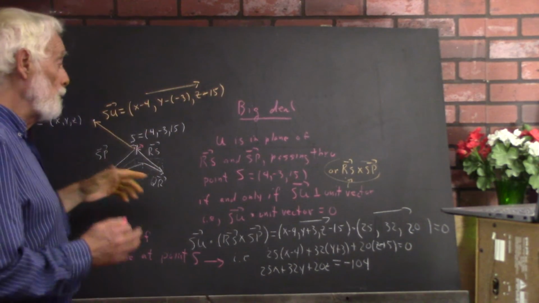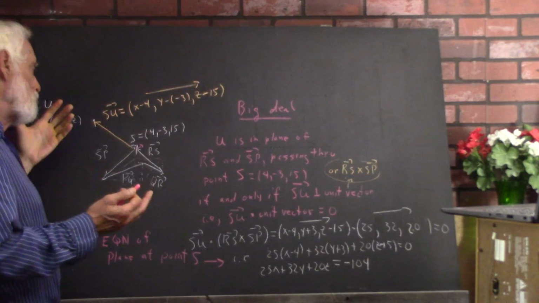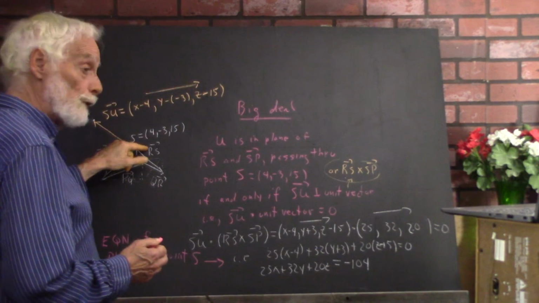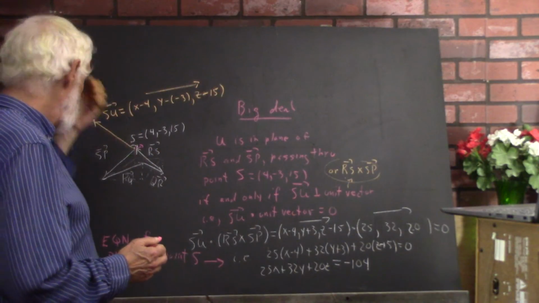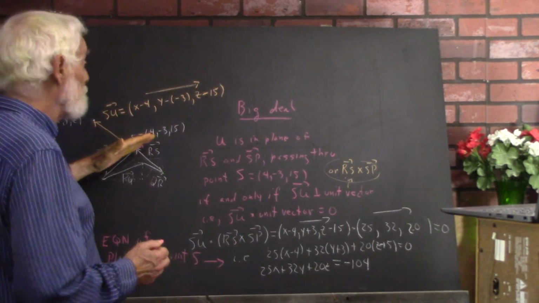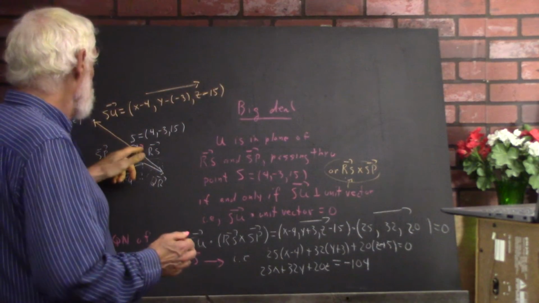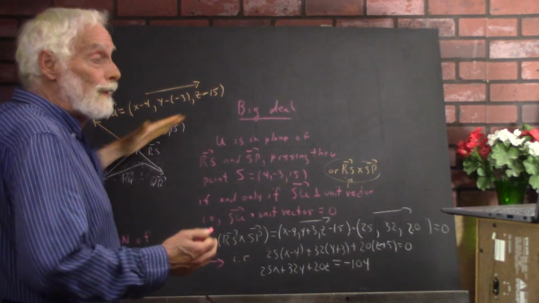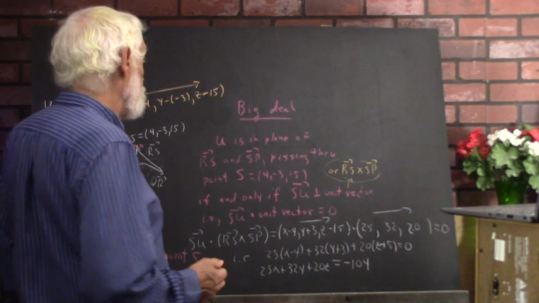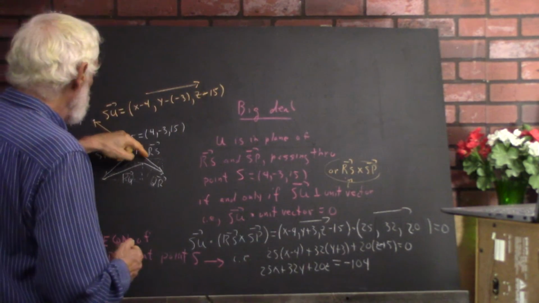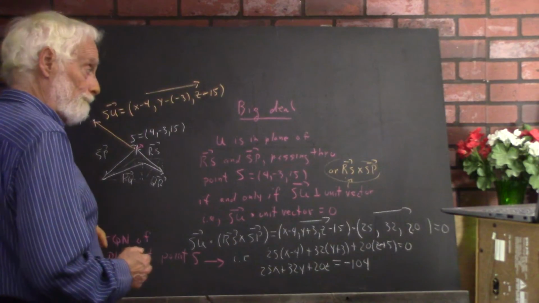But I could equally well say this SU vector is perpendicular to this unit vector if and only if it's perpendicular to the original vector we used to get the unit vector, because the unit vector is just a multiple of that original RS cross SP vector that we know has to be perpendicular to the RS and SP vectors.